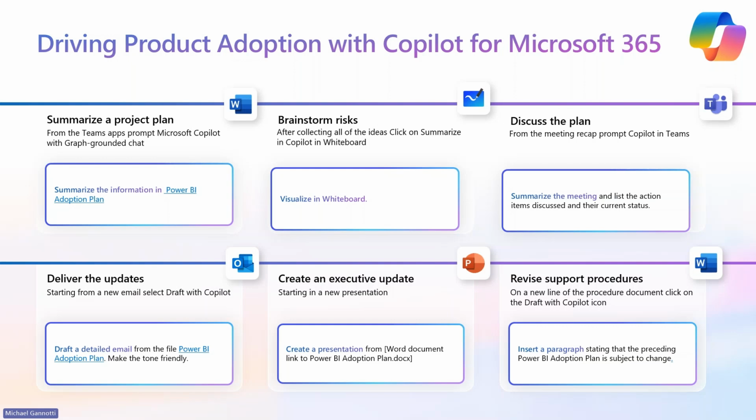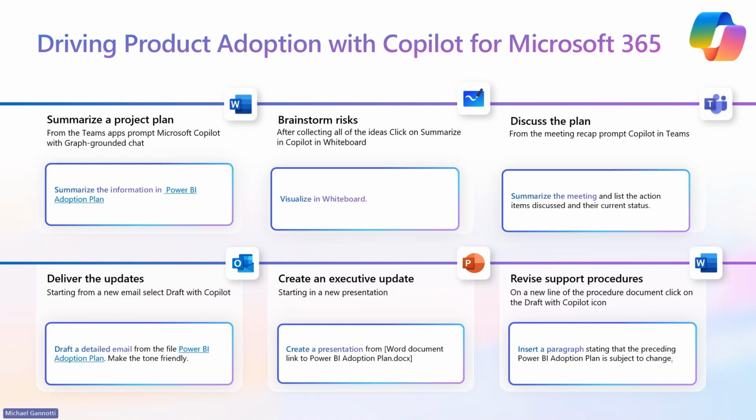So the first of which is we're going to summarize a project plan. We're going to get a large document. I actually grabbed one, a large project plan that we're going to go ahead and look at. And if you're like me, you've probably gotten all kinds of documents sent your way that are very large in nature, and that you want to get a quick sense of without having to read through War and Peace.